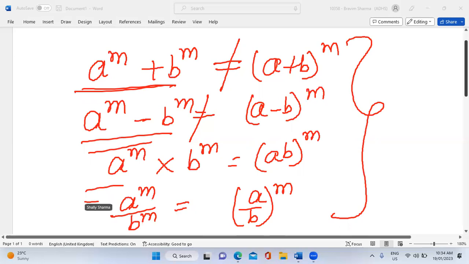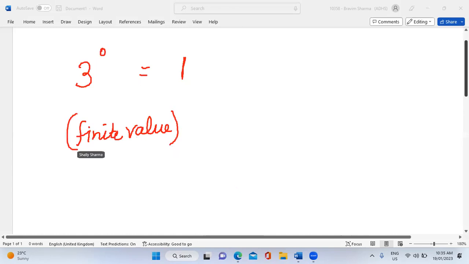Clear? Next comes the zero exponent value. Let's say you have 3 to the power of 0. That means there is no 3 in multiplication. It's just 1. If you take any number or any finite value, which you know, and take a power of 0 to it, this is always 1.